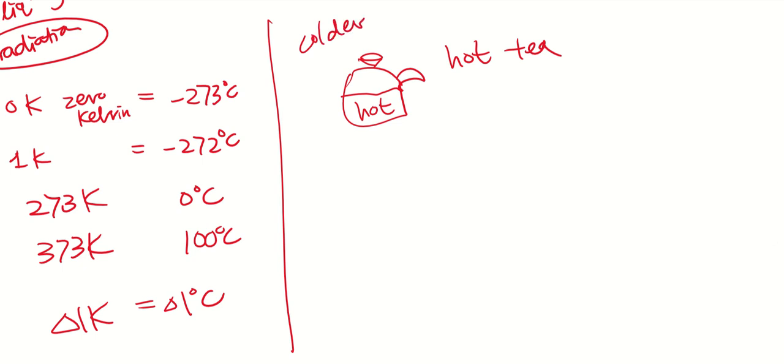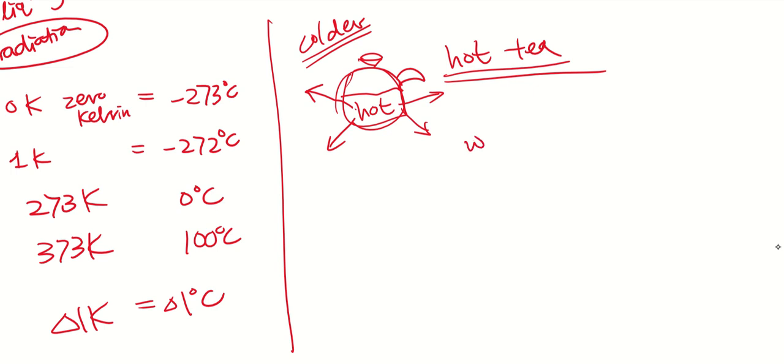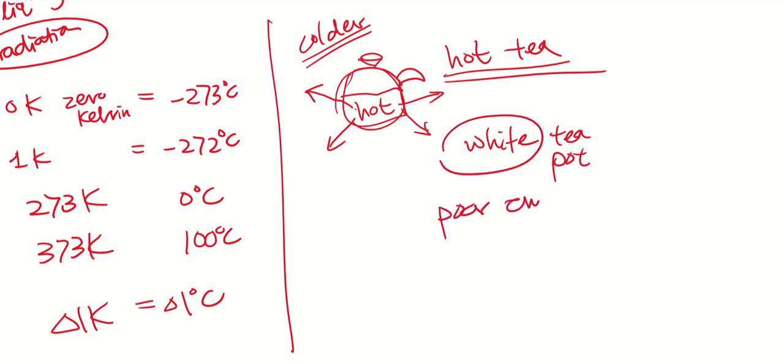Now if I want to serve hot tea to my customers, because the teapot is hot and the surrounding is cold, the thermal energy will be emitted to the surrounding. The teapot will not be absorbing thermal energy, it will be emitting, because it is hotter than the surrounding. So I will be using a white teapot, because white is a poor emitter of thermal radiation.